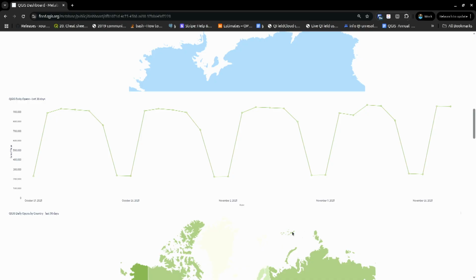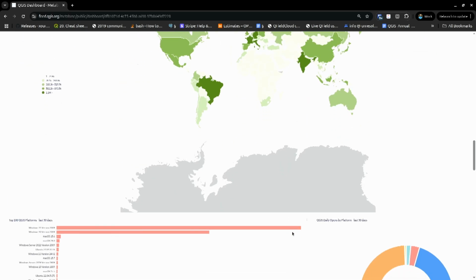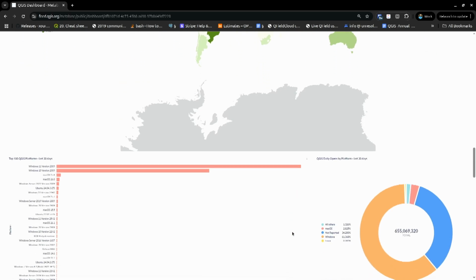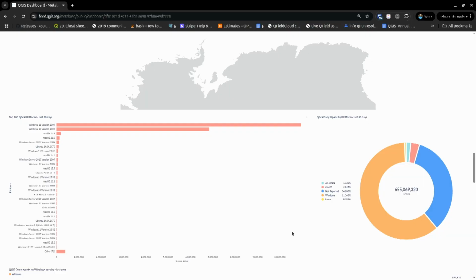But the most important figure we have here is the one that shows that QGIS is highly professionally used software, because nobody uses it on the weekend. That's a week cycle that you're seeing there. It goes from something like 900,000 openings to 100,000 openings.